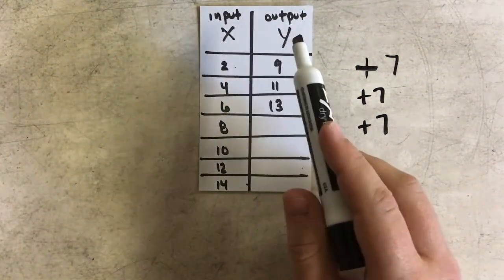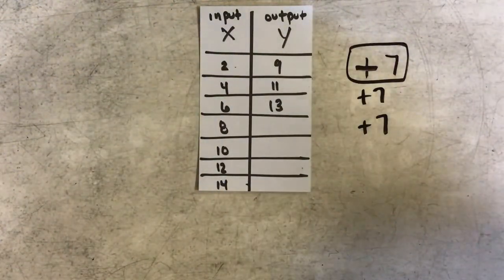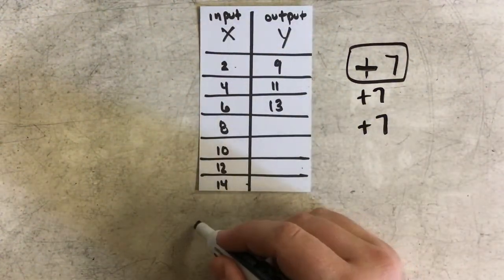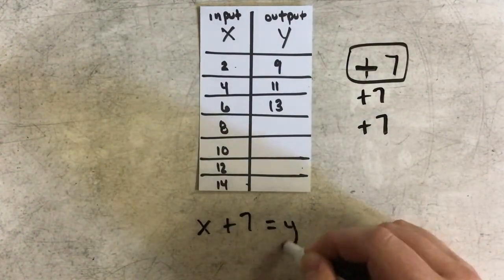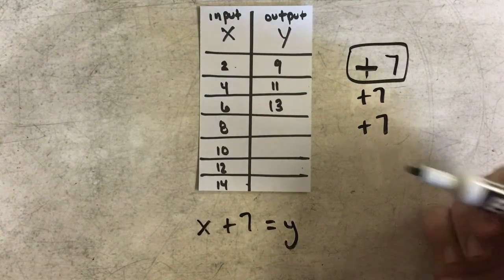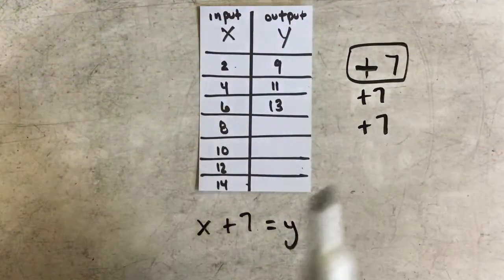So the input-output rule for this table is going to be plus 7. And I can write an equation that says x plus 7 will equal y. And that should be the same for each one of these numbers that we have.